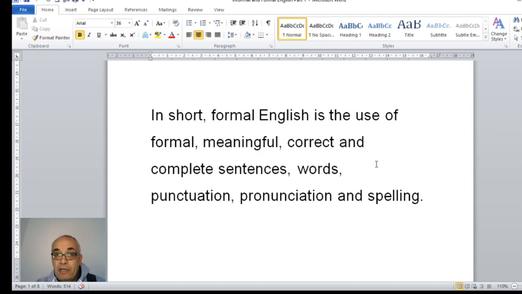So when we say formal English, it means the words are formal, the sentences are formal, conjunctions are formal, and the punctuation, pronunciation and spelling, everything must be correct, and it must have a meaning. So remember this definition or this explanation about formal English, and I will try to repeat this in every video. So formal English is the use of formal, meaningful, correct and complete sentences, words, punctuation, pronunciation and spelling.